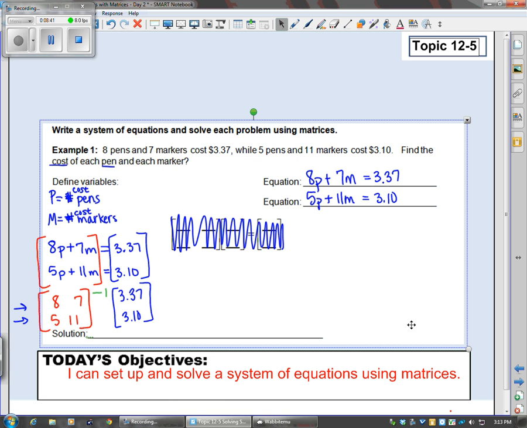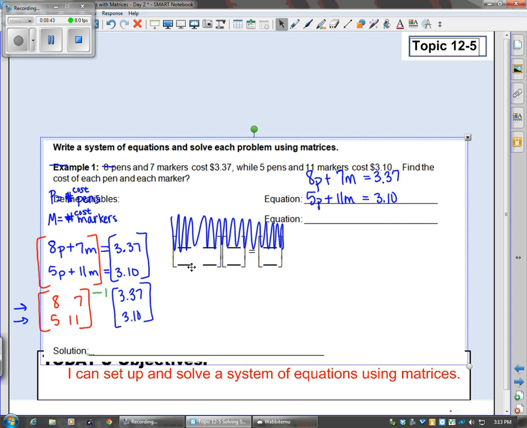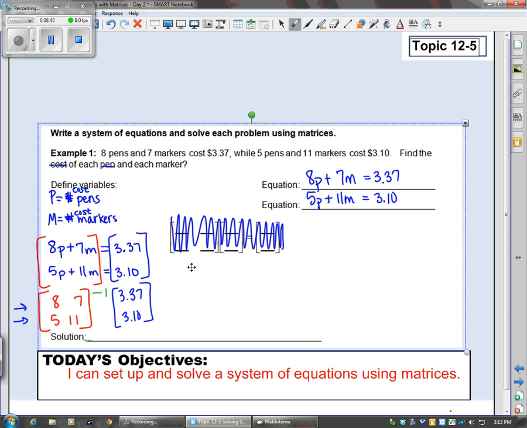Now yesterday we wrote this as an ordered pair of 0.29 and 0.15. Today we're going to talk about what that means. Look at what your first variable was. It was P that stood for the cost of pens and M that stood for the cost of markers.